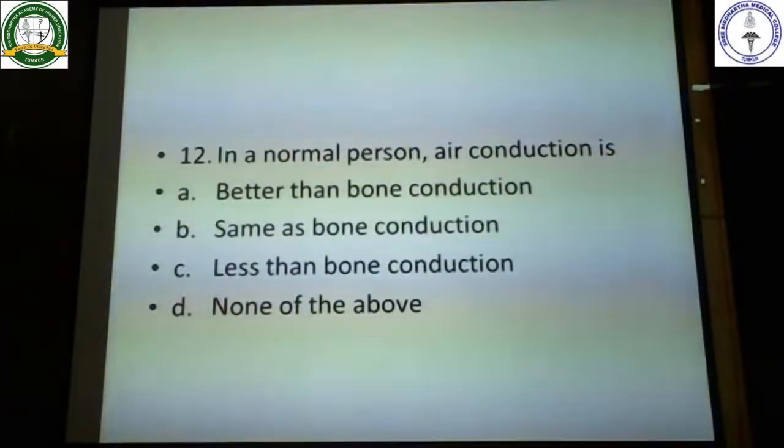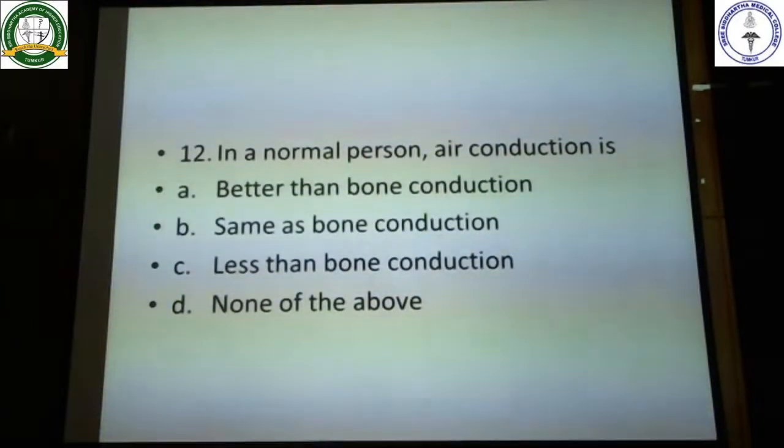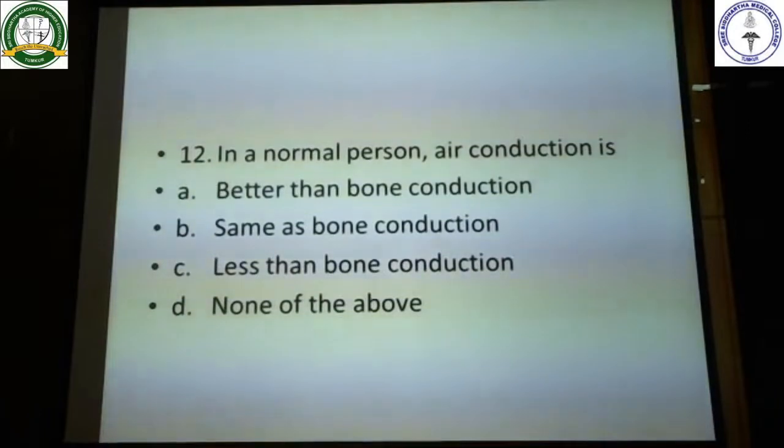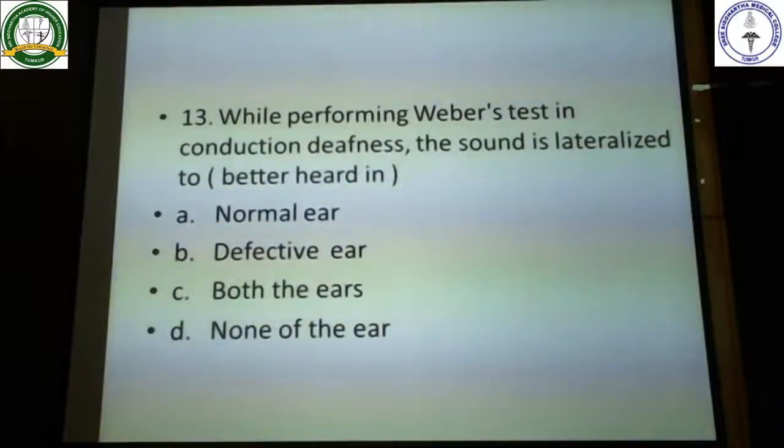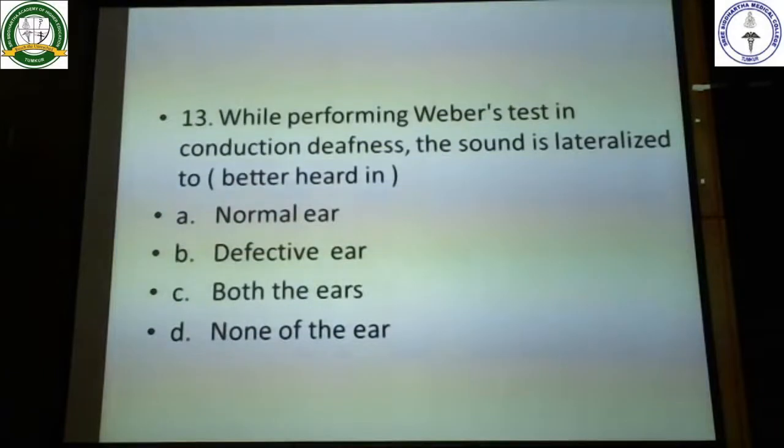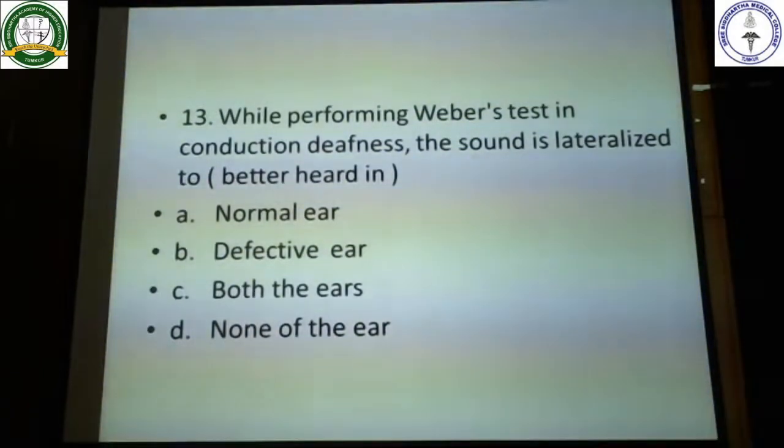In a normal person, okay, next question. In a normal person, air conduction is better than bone conduction. Weber's test. While performing Weber's test in conduction deafness, what happens? The sound is lateralized and better heard in which ear?